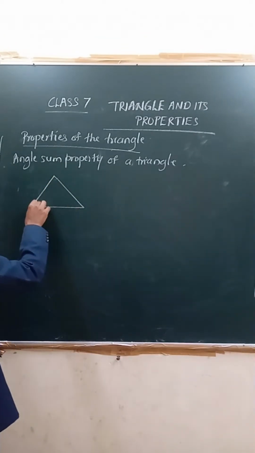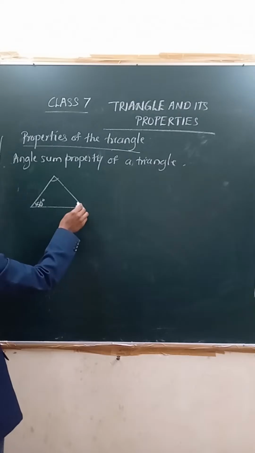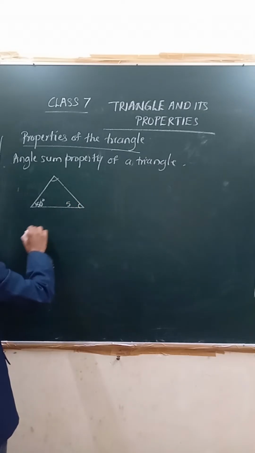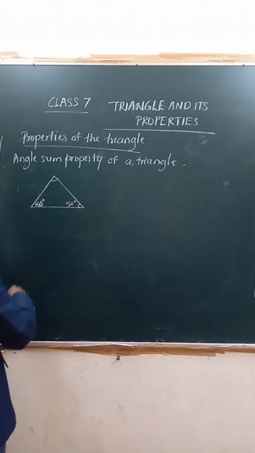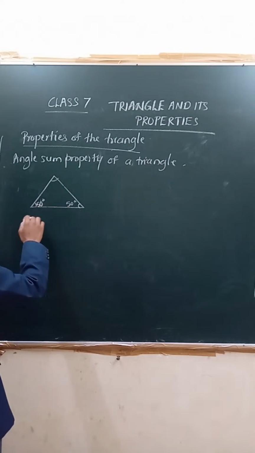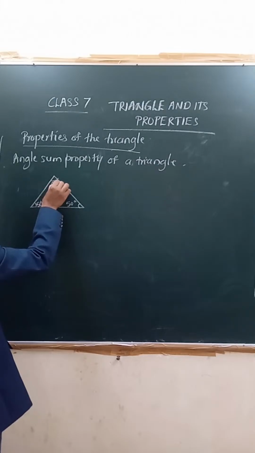Now, if you take these angles, say for example, it is 60, not 60. Let us take this as 50 degree. This is 50 degree. This also say 50 degree. It looks okay. Exactly, it looks the same. Then these are 50, 50, total 100, and this will be 80 degree.